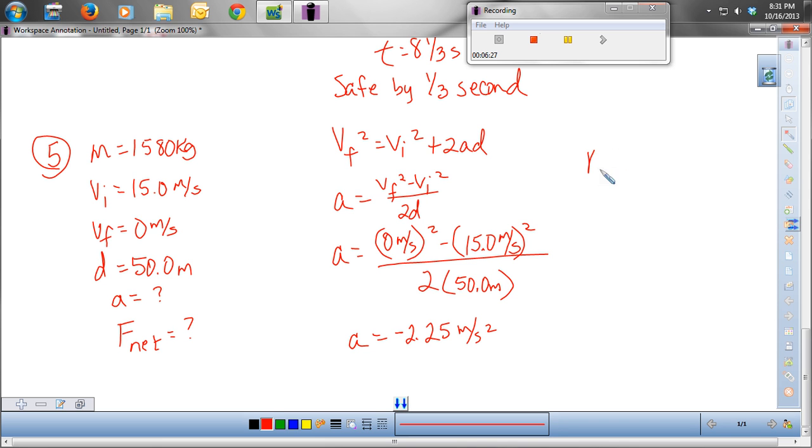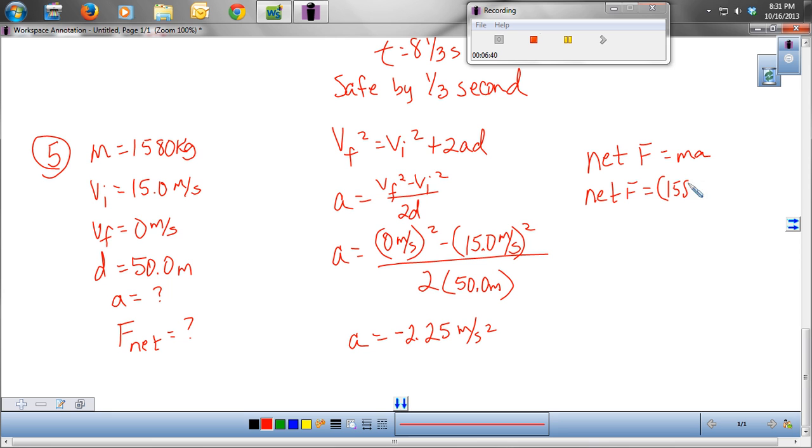But they wanted to know the net force. Net F is equal to the M, which is 1,580 kilograms. Acceleration is negative 2.25.